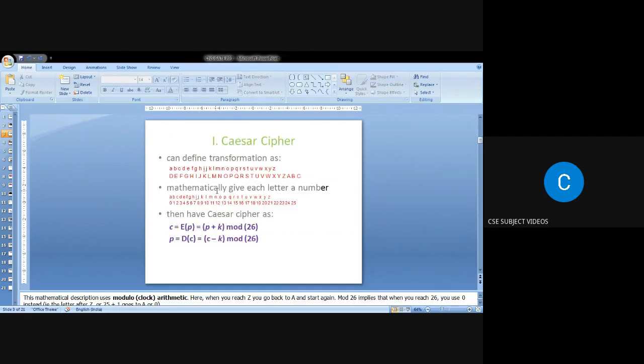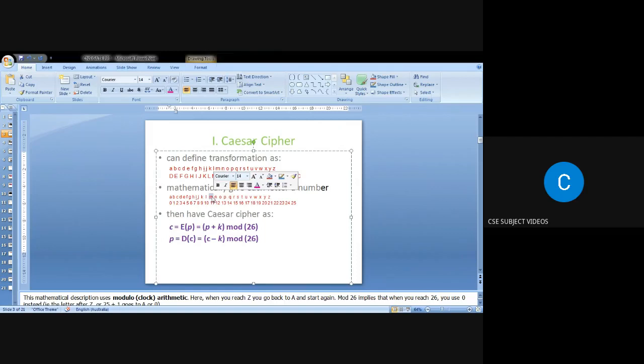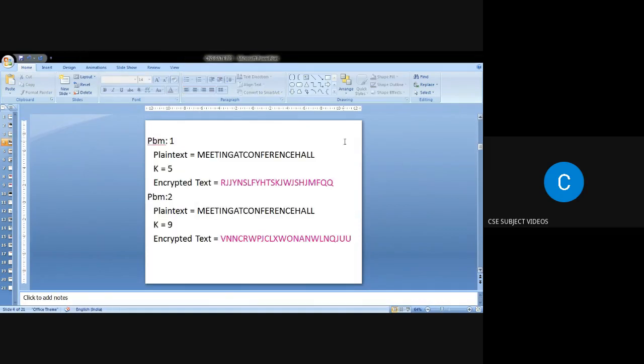You get an R. After M, we have to shift 5 letters right: N is 1, O is 2, P is 3, Q is 4, and R is 5. So R is the letter substituted instead of M.